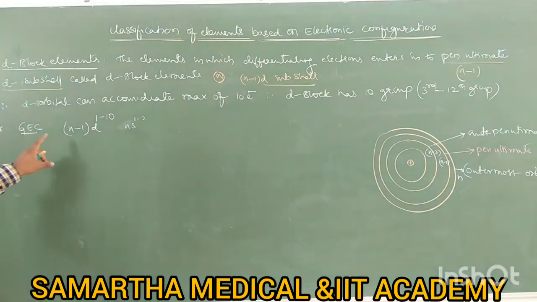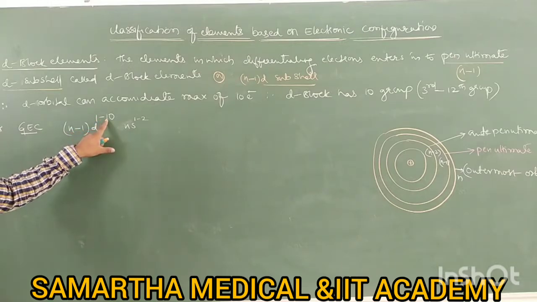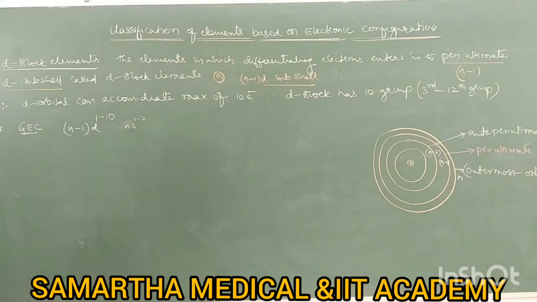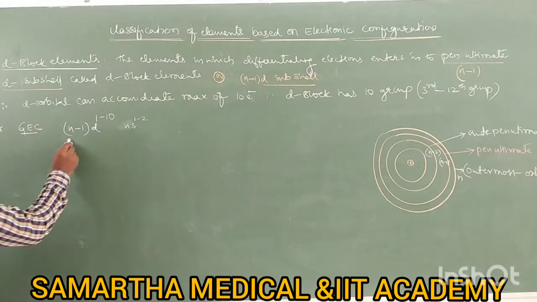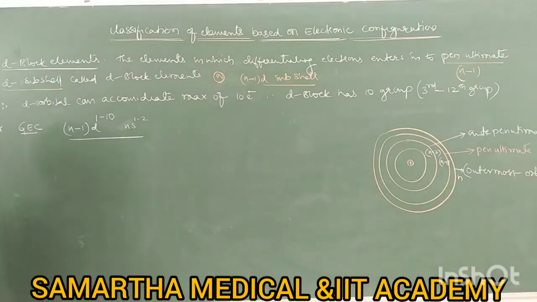Therefore, it is n minus 1 d, 1 to 10, then ns 1 to 2. So now this is the general electronic configuration of d block elements: ns 1 to 2, n minus 1 d, 1 to 10.